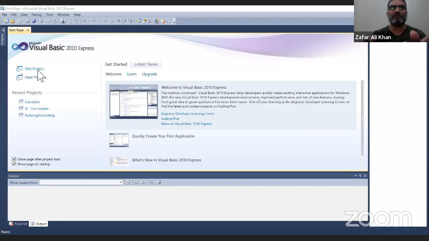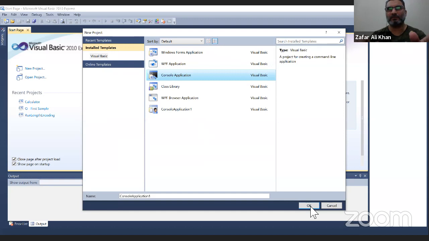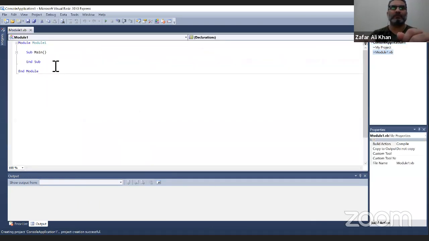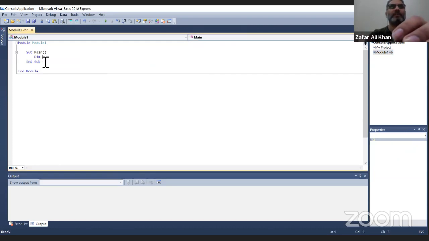Let's start a console-based project. So let's have two variables, and as we know there is a data type called single. Let's make a as a single variable.